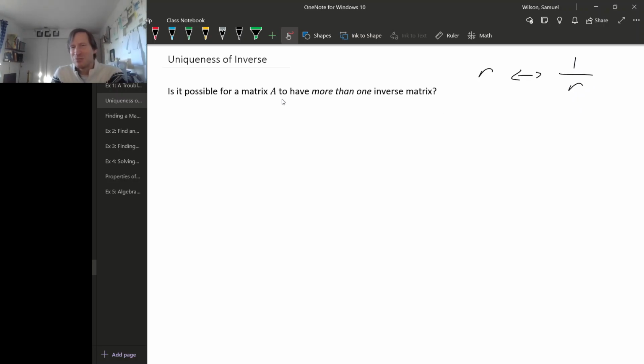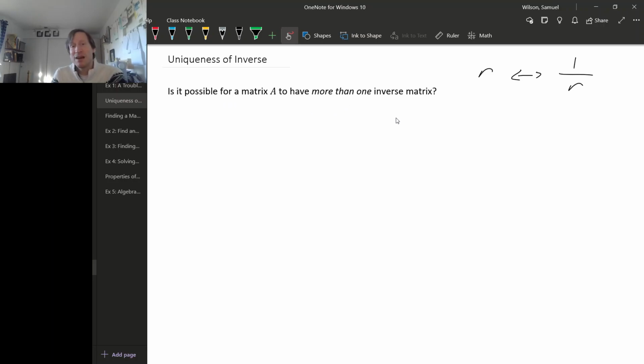But for matrices, we don't really know if that's the case. And our intuition for what makes sense is failing us with matrix multiplication, because matrix multiplication isn't commutative. Non-zero matrices might not have an inverse. So we have to be really careful and not make assumptions about how this matrix inverse idea works.